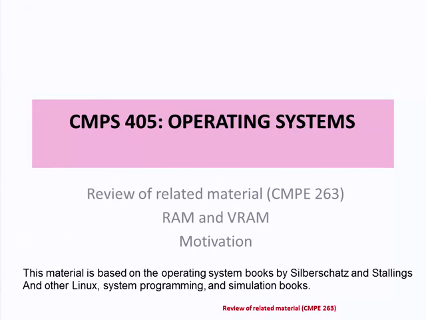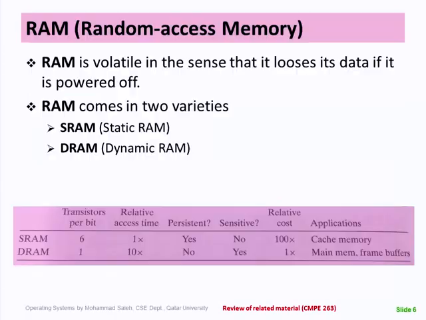Memory comes in two main categories: volatile and non-volatile. Here we're talking about volatile memory. Volatile memory has two main types: static RAM, random access memory, and dynamic RAM.